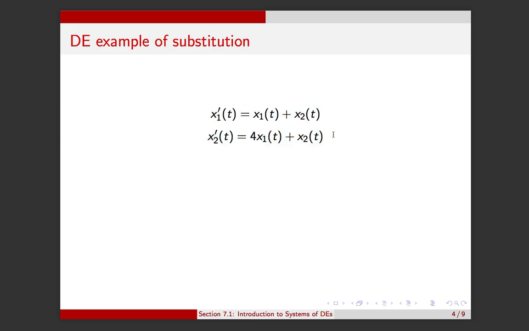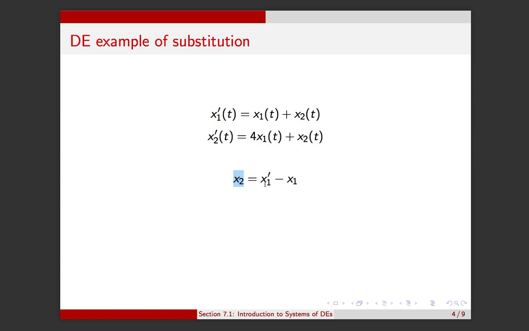Well, how did substitution go? You picked one of the equations and isolated one of the variables. Okay, I'm going to pick this top equation here and isolate one of the variables. I'm going to isolate x2. I should say, just to save myself typing, notice I dropped the "of t" part. It's important to remember though, these are functions. x2 is a function, x1 is a function, both depending on time.